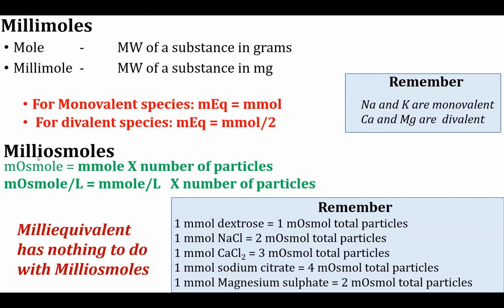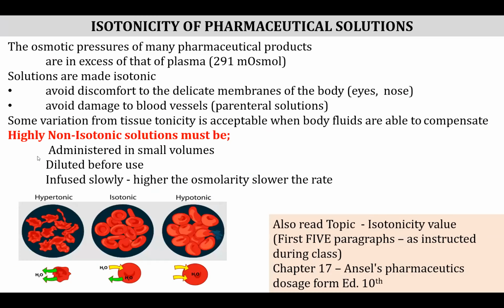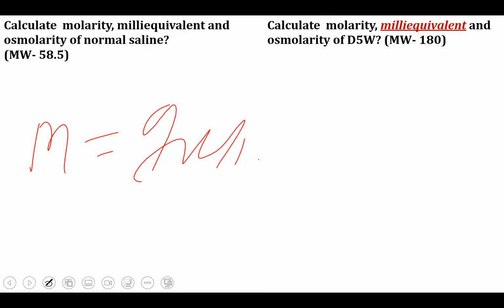Calculate molarity, milliequivalent, osmolarity. You will definitely see one question on normal saline. I will give you a concentration and I will ask you for molarity, then osmolarity. Gram per liter divided by molecular weight.